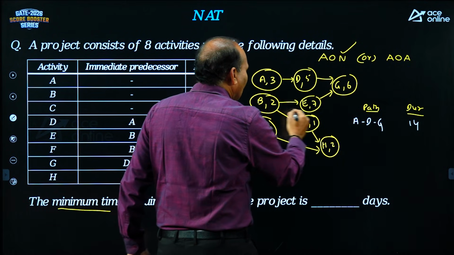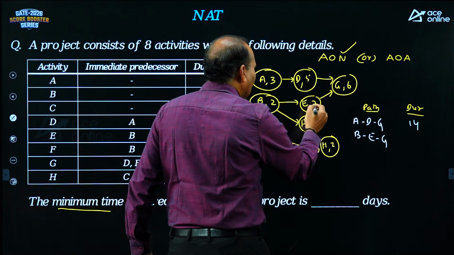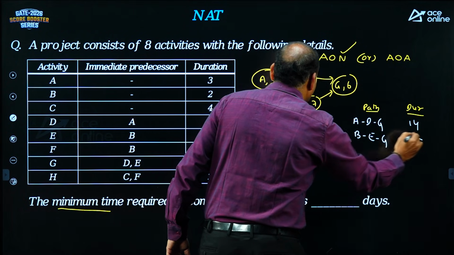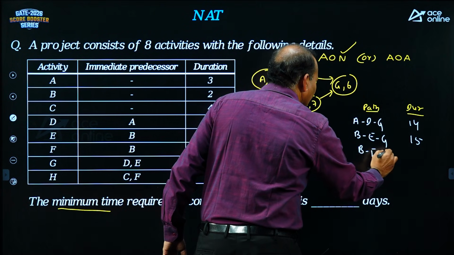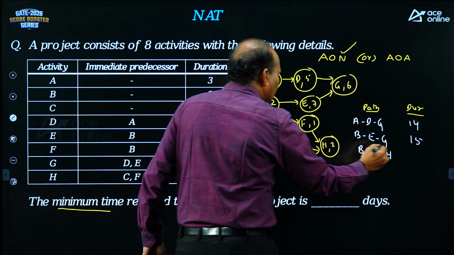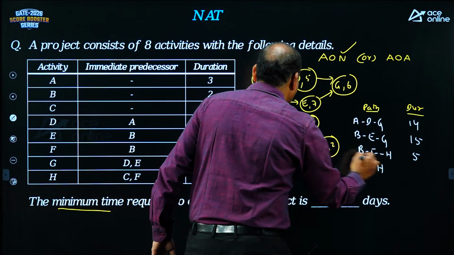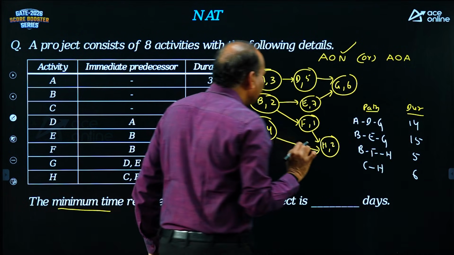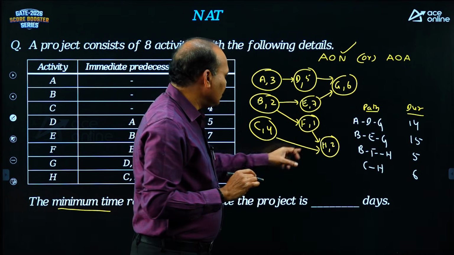Next path is BEG: 2 plus 7, 9, plus 6, 15. Next path BFH: 2 plus 1, 3, plus 2, 5. Next CH: 4 plus 2, 6. So ADG, BEG, BFH and CH.